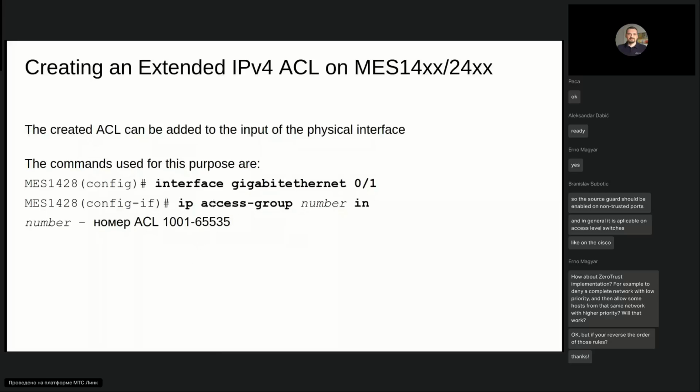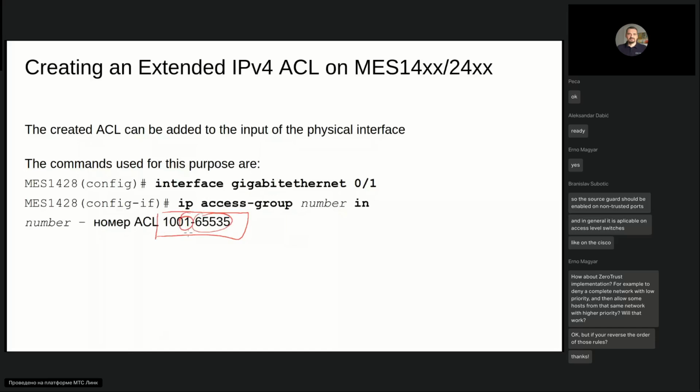What about the extended IP access list in the 2400 series or 1400 series? The same thing, only we know that only one rule, or one ACE, can be deployed per one ACL, but then there can be numerous ACLs on the interface. We will see how it works right here.